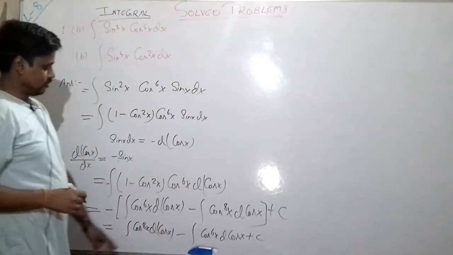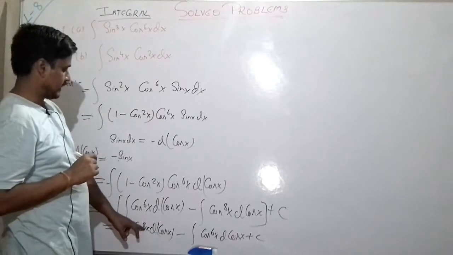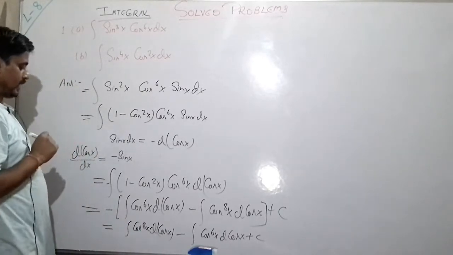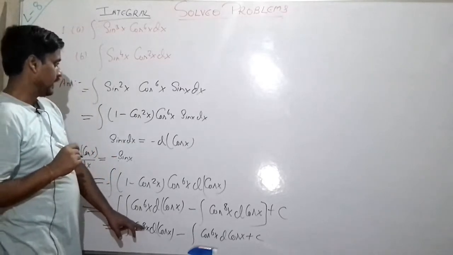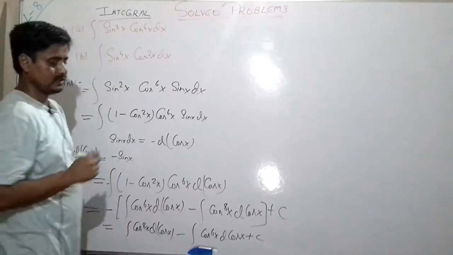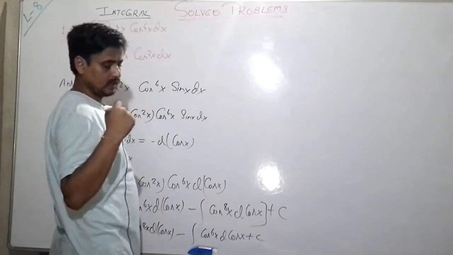Now if we assume cos x as y, then cos to the power 8x will become y to the power 8, and the integral of y to the power 8 dy is simply y to the power 9 divided by 9.